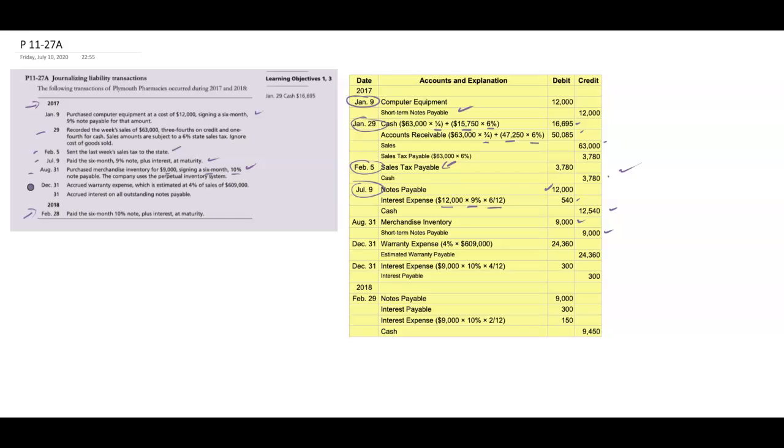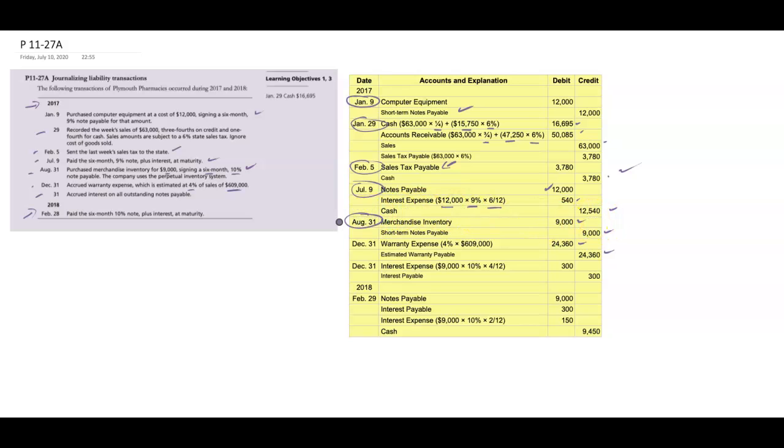They just simply give you that you're going to be using a percentage of sales. They give you 4% times the sales of 609, and that will give you a total warranty expense liability of 24,360.